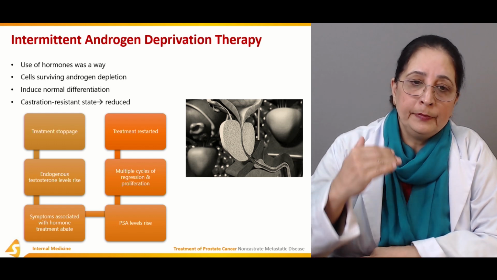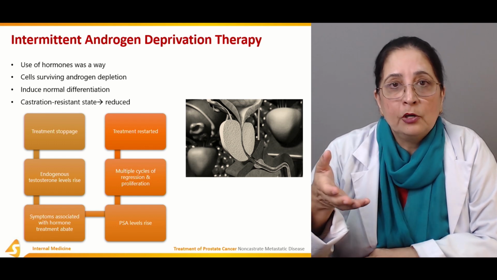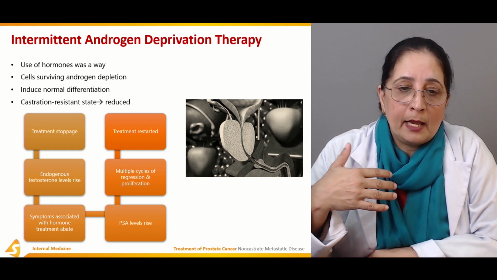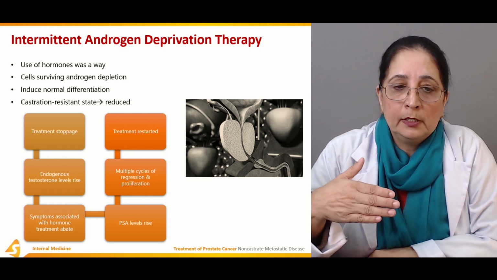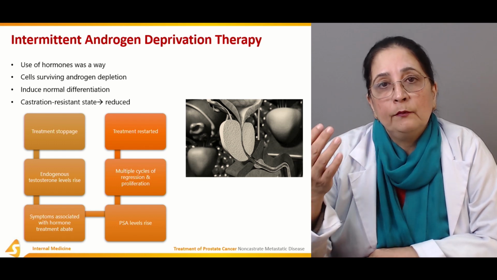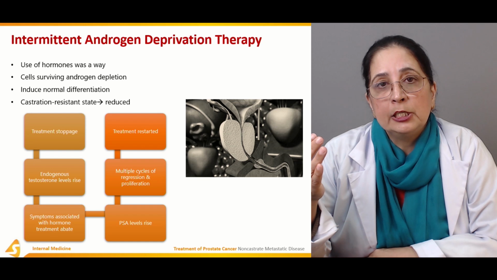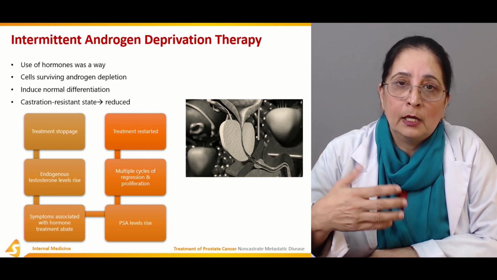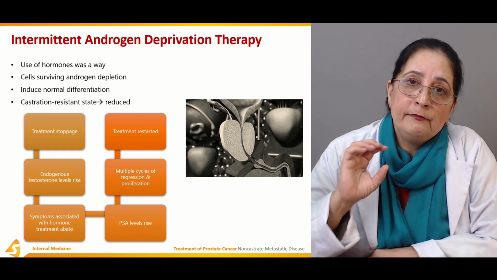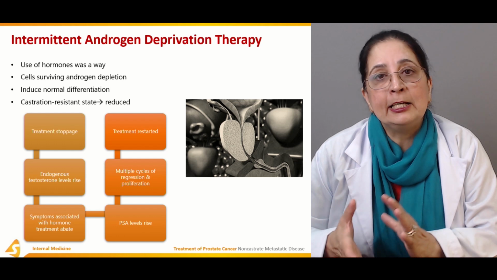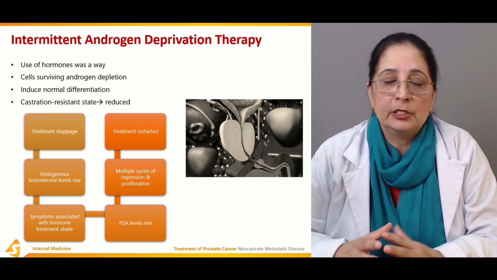So we stop the treatment if endogenous testosterone levels rise, and the symptoms associated with hormone treatment slowly abate. Once the prostate specific antigen level increases and progression occurs, we need to start the treatment again. So that's intermittent androgen deprivation therapy.